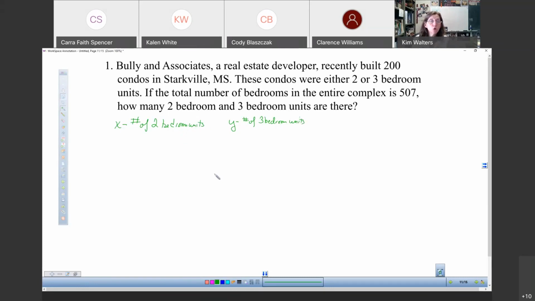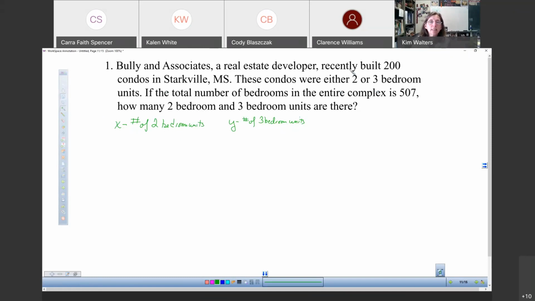Okay, so I have 2 different types of units. Now I know a couple of different things about what I've got going on.